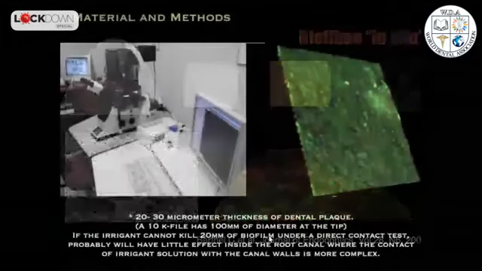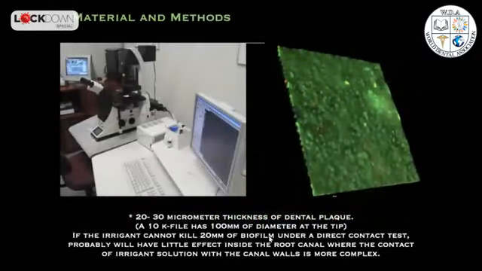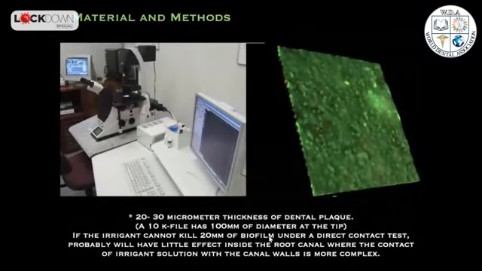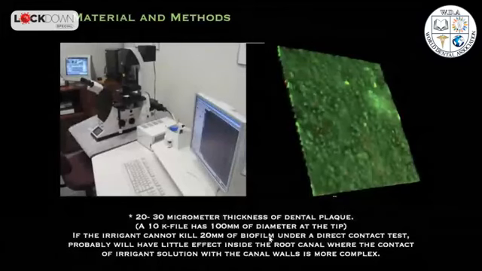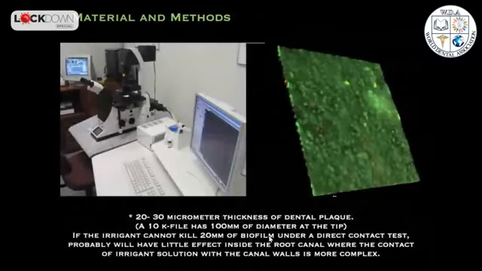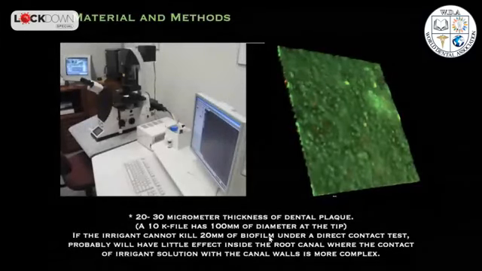What we found is that if we put a small piece of dentin in a removable orthodontic device, after 3 days, we are going to have a very thin layer of biofilm. This layer was around 20 to 30 micrometers thick. So we have dental plaque.